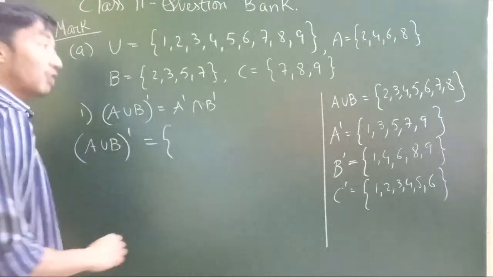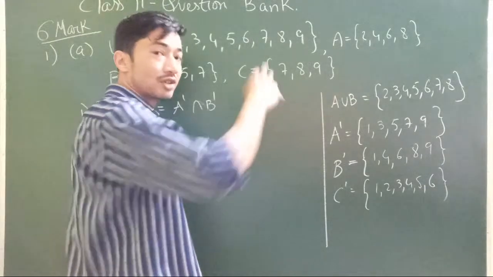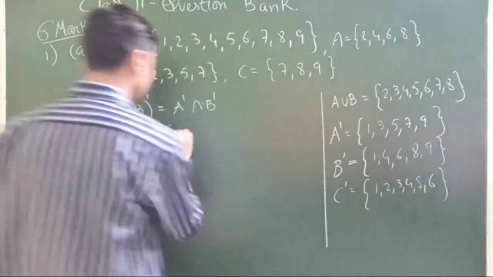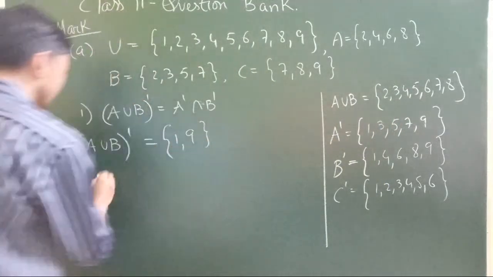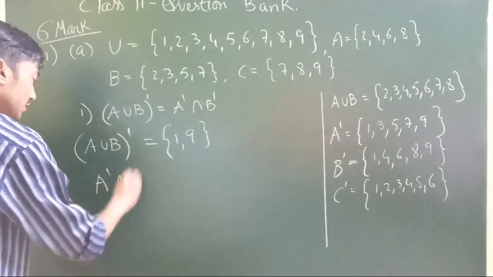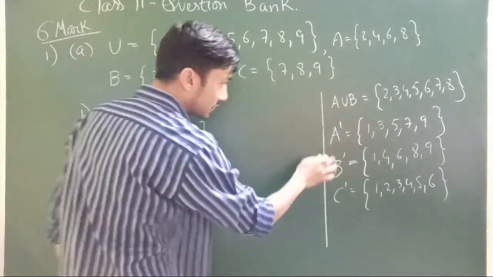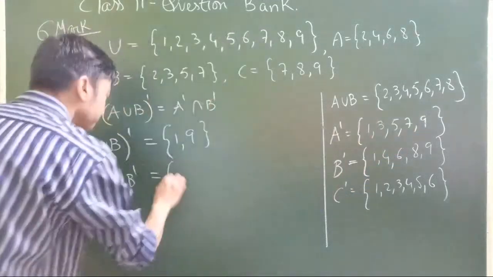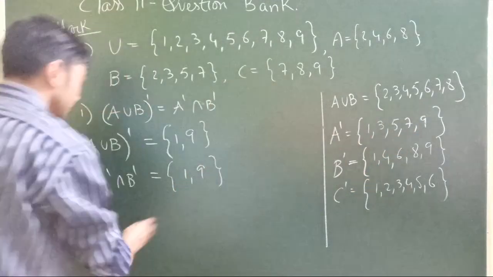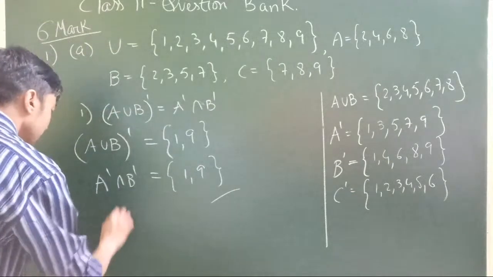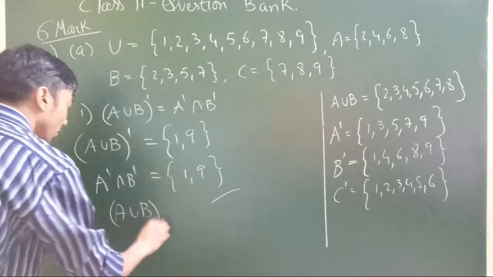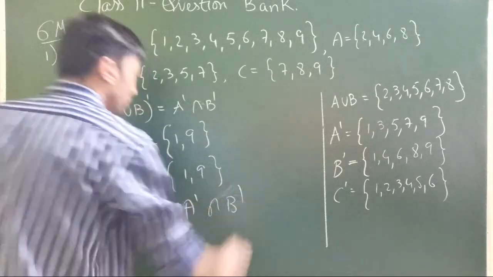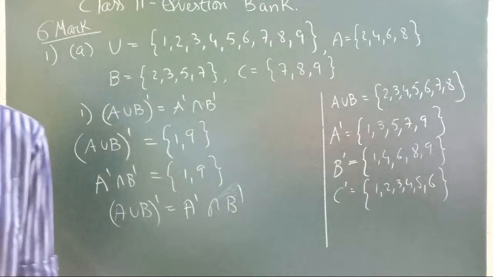All the values which are not in the set A union B: 1 and 9. I think that's fine. And A complement intersection B complement: the common elements, we have 1 and 9 again. So that means A union B complement is equal to A complement intersection B complement. So that's the verification here.